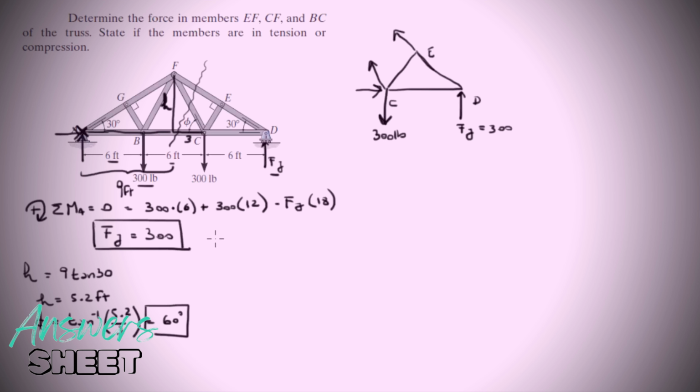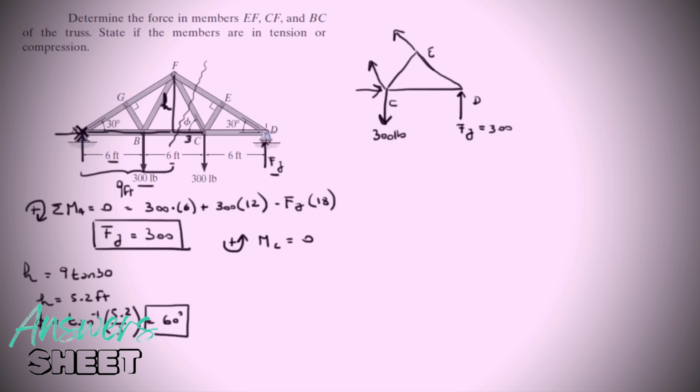So now, let's go to C, and let's say counterclockwise is positive. The moments at C are equal to 0. What creates a moment at C?